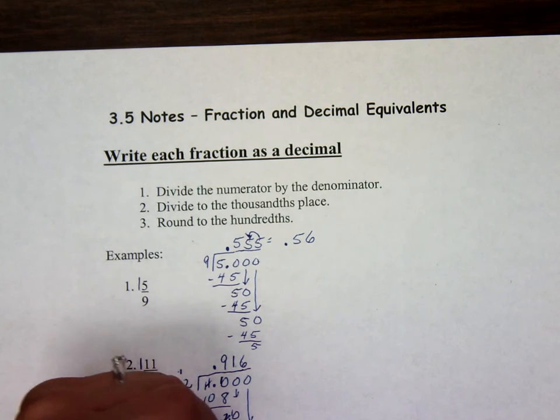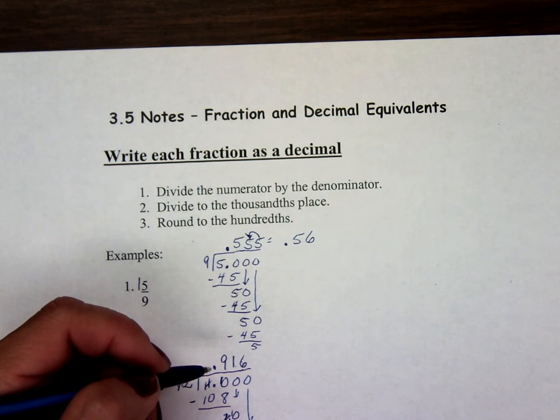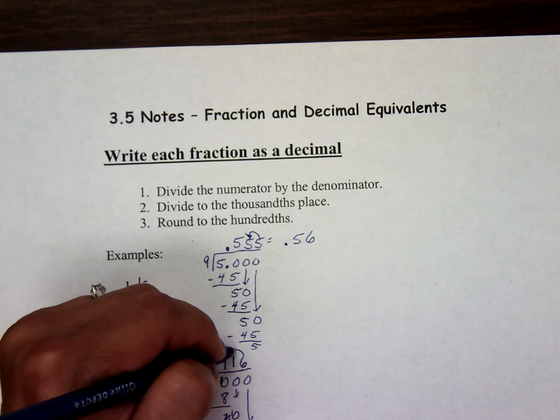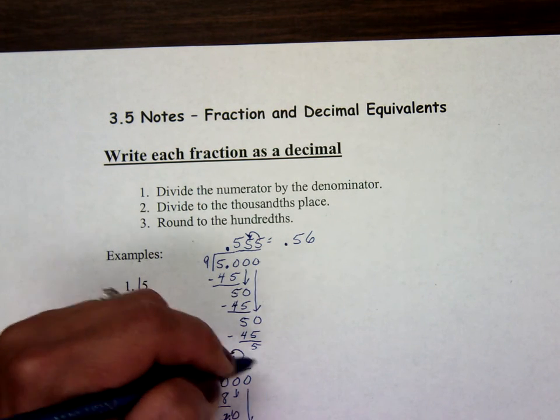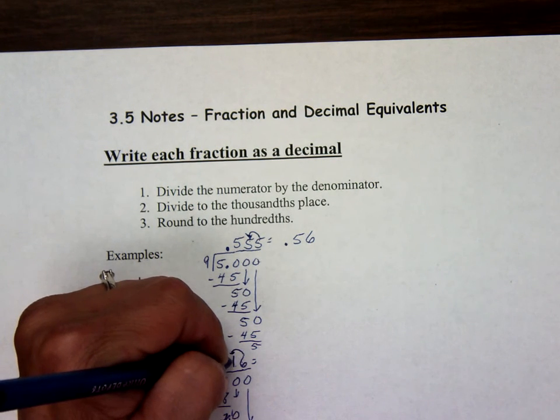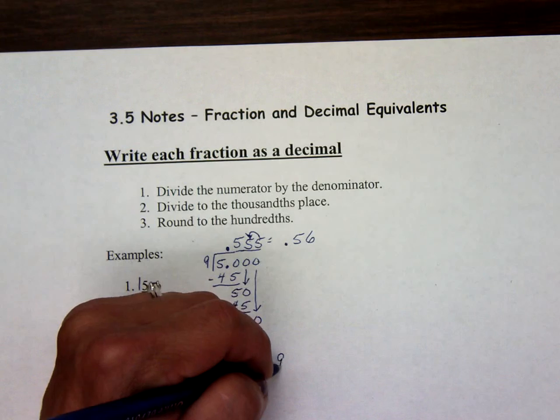It'll be 72. Subtract, and you get the answer of 8. But now we're done. This 6 is going to tell this 1 to go up, because remember, if it's 5 or more, the next number goes up. So the answer is 0.92.